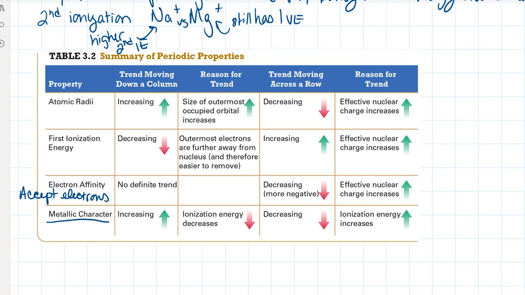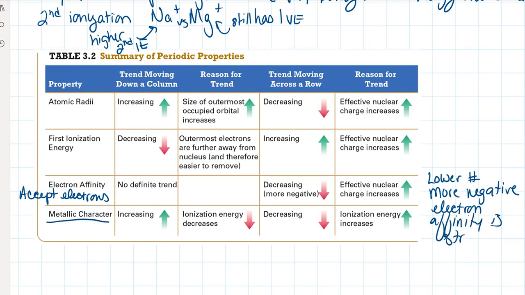It becomes more negative, more likely. Remember, a lower number or more negative means that the electron affinity gets stronger. And so we see that atoms, as we move across the row, are more likely to accept electrons because, again, that effective nuclear charge will increase as we move left to right.